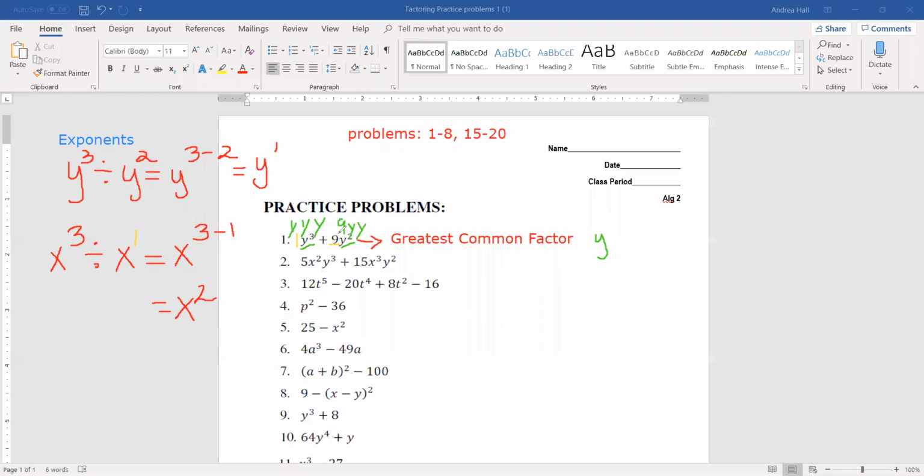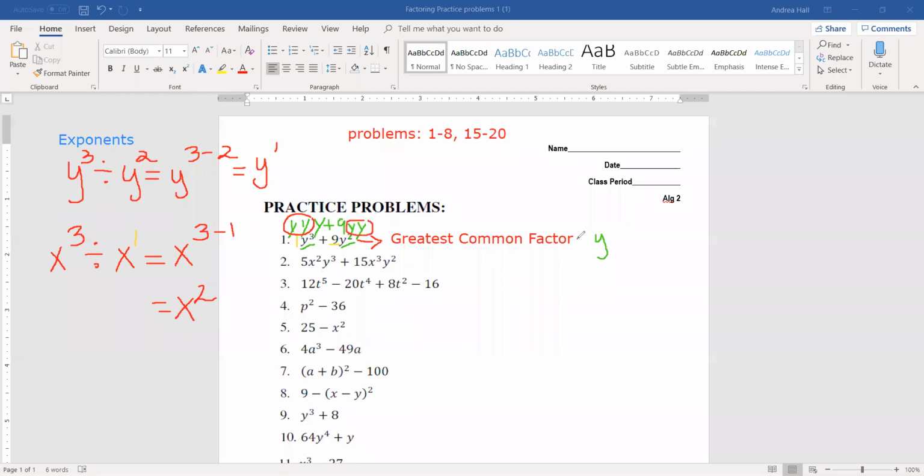Let me put a plus in between here. If I was to expand this problem, that's what I would see. So how many y's do they have in common? They have 2 y's in common.